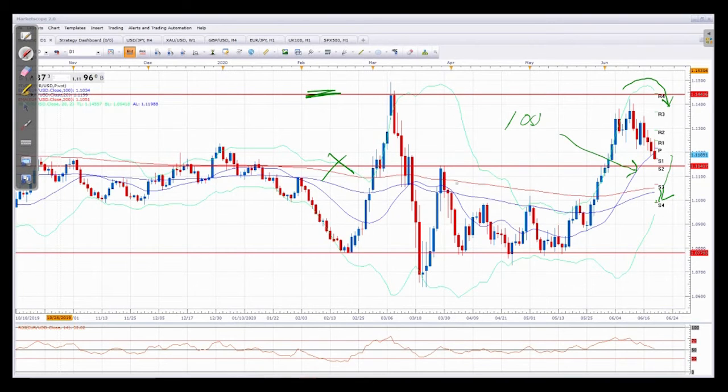Now, the pivot points are all here. And this is my third support line. It's very close to my second support line. Now, is it going to break this down or is it going to turn around from here? We'll have to wait and see.